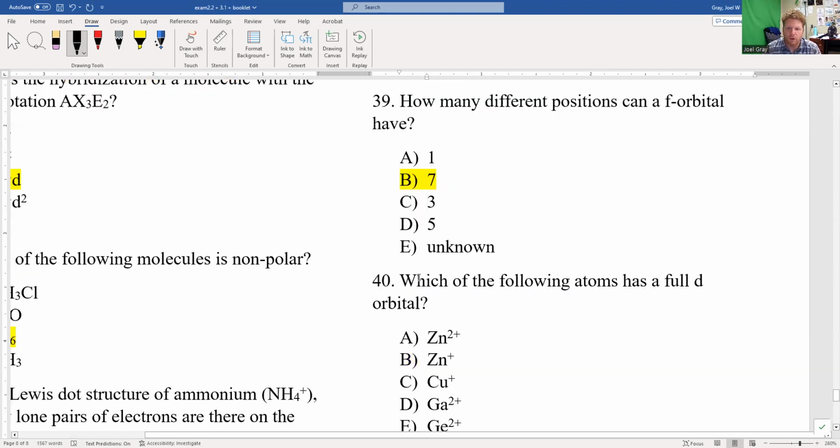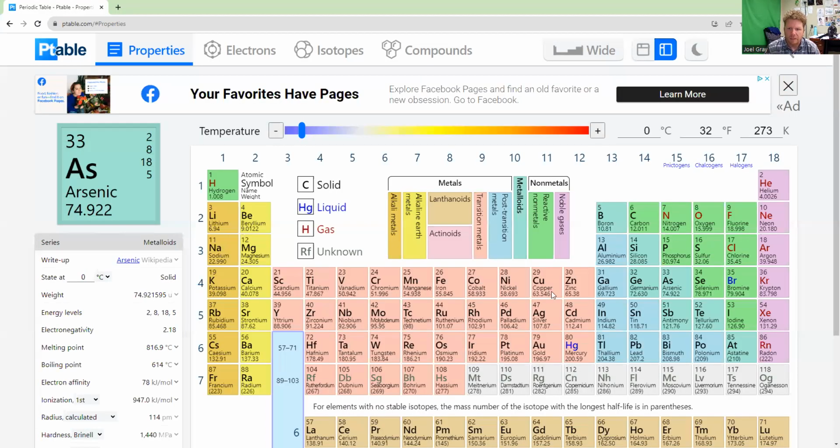Next up is which of the following atoms, or ions, has a full d orbital. Okay, so we've got Zn2 plus, and I'm going to go ahead and share my screen to the periodic table. We've got zinc 2 plus. Well, zinc, oh yeah, it's at the tail end of the d orbital.